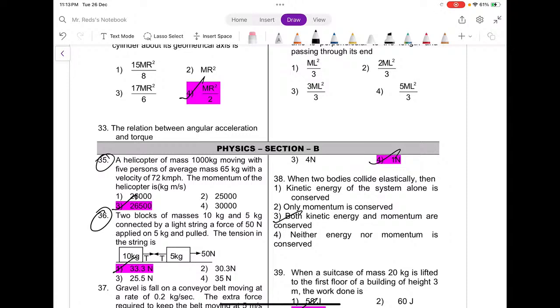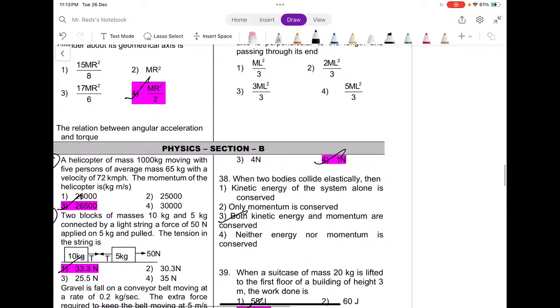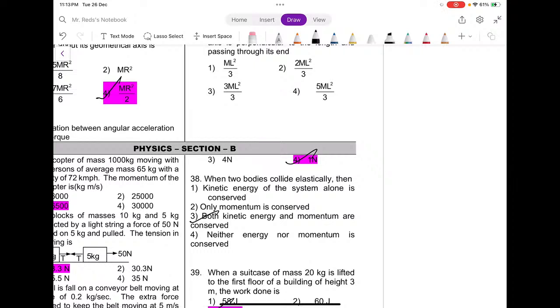Momentum of any moving object is equal to mass into velocity, right? But in this case, the helicopter is moving.